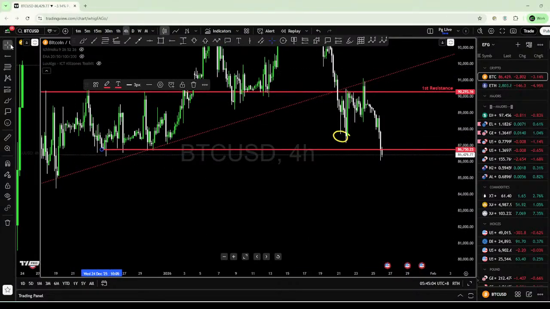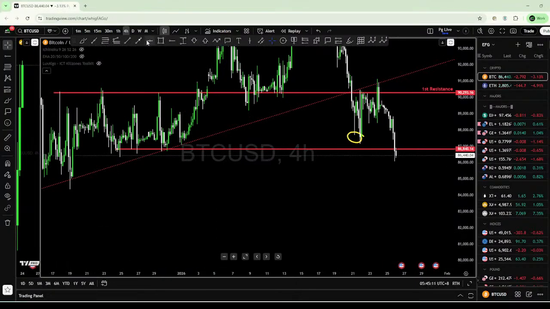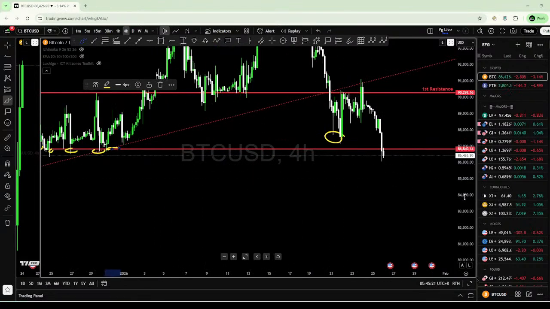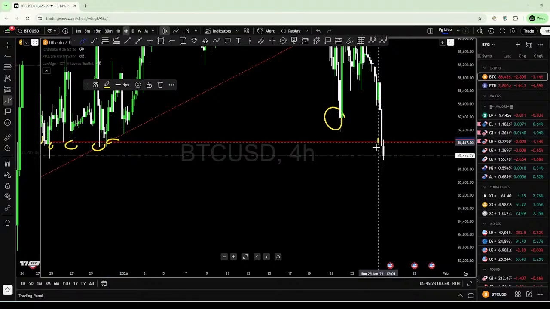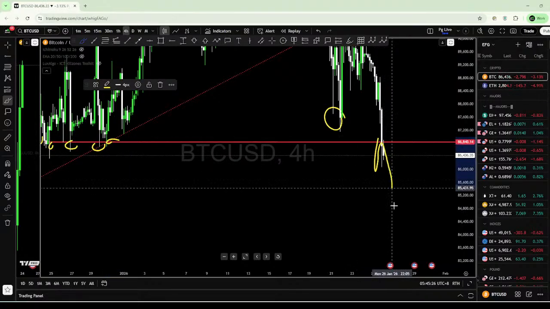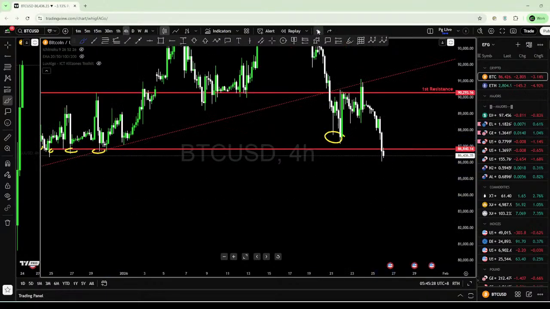Look on the left and draw the zone from here. In the past we can see that it has been rejected a few times. And now it's still closing below, and it seems like a pullback, like it wants to continue to go down.